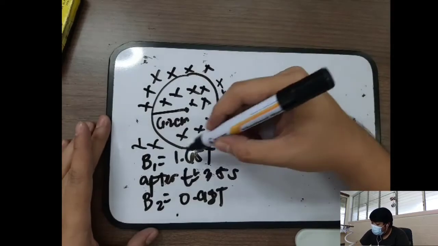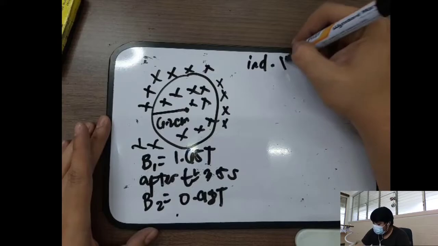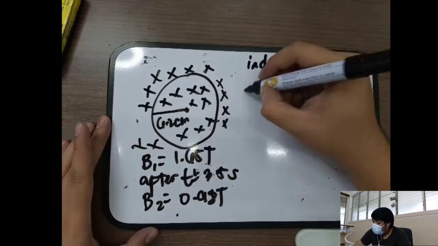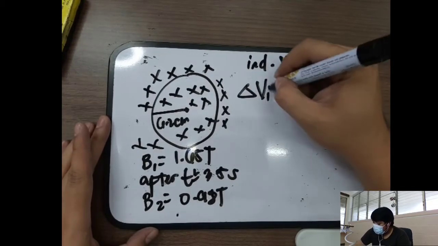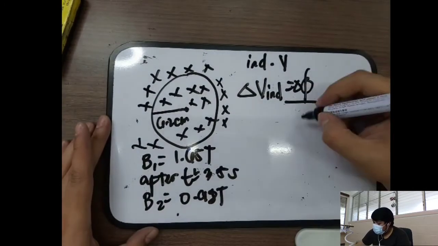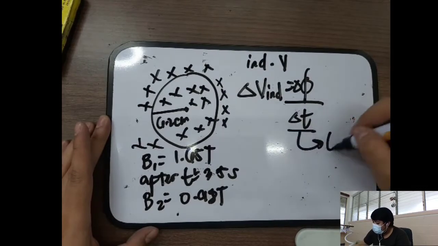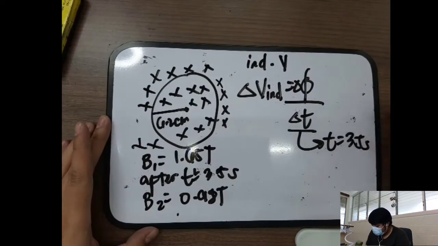Of course, there is also an induced voltage, but by how much? So we use again Faraday's law of electromagnetic induction, and now the delta t here will be our time, 3.5 seconds.